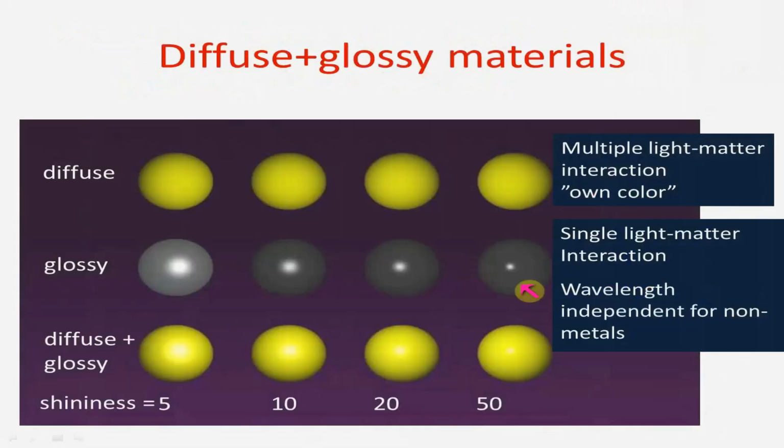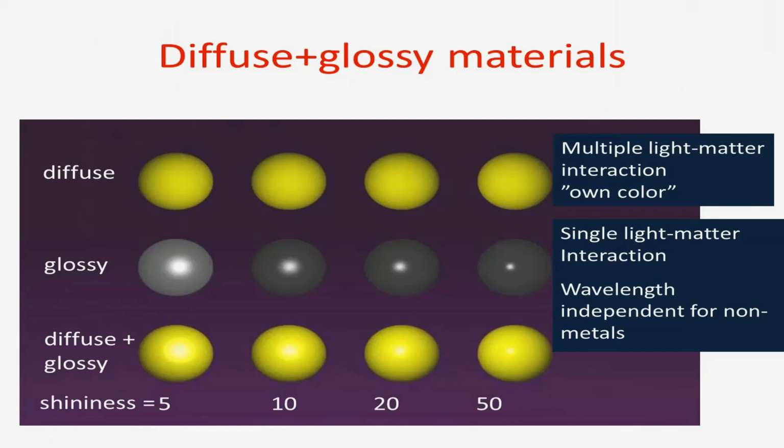Diffuse reflection simulates multiple light-surface interaction, and as a result, diffuse reflection is usually colored. Specular reflection is the model of single light-surface interaction, and it is proportional to the Fresnel function. For metals, the Fresnel function is colored, but for non-metals, the wavelength dependence of the Fresnel function is very moderate, in fact negligible.